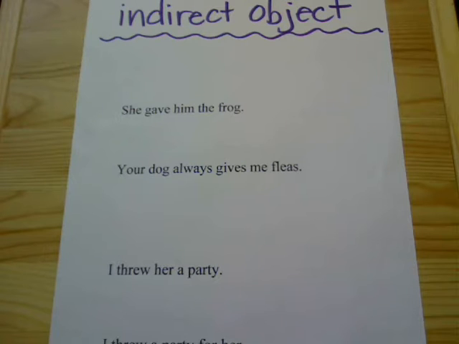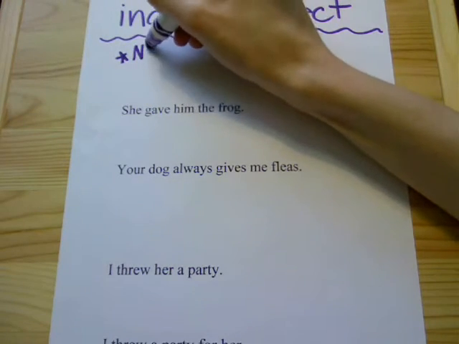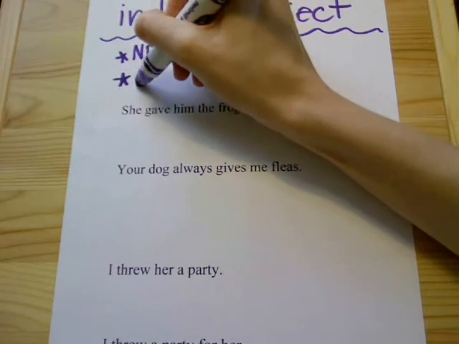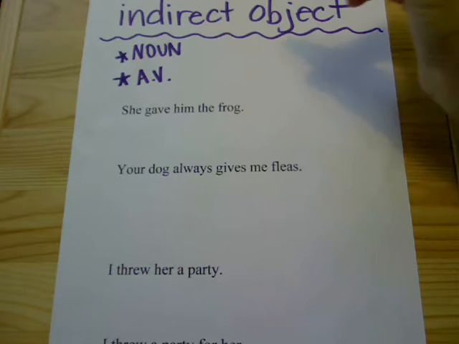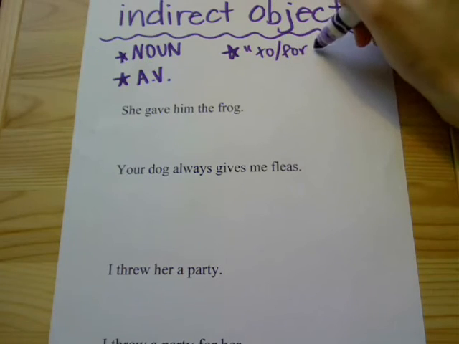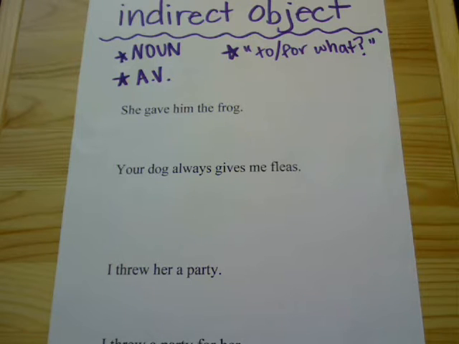The first thing to remember is that, just like the direct object, the indirect object is a noun. Both are nouns. Next, just like the direct object, the indirect object goes with an action verb. The indirect object answers the question to or for what, while the direct object answers the question what.